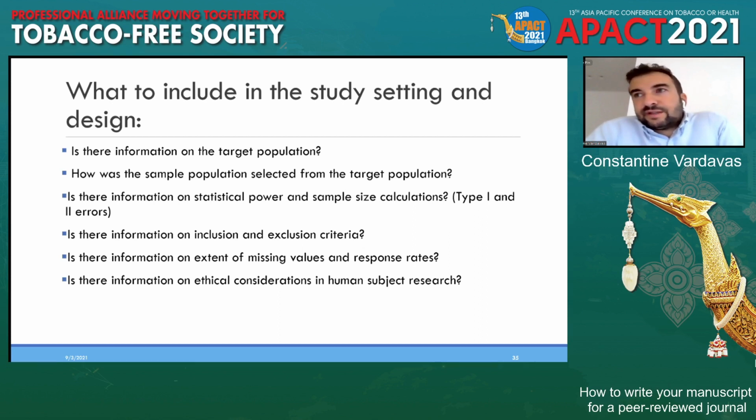Has the study got ethical approval? Was written informed consent collected? Is there a protocol number? It's always very helpful to write the ethics protocol number, because then one can always double check, and if someone says the study was not performed properly, you can refer to the ethics committee. So it's important to have the ethics committee's protocol number.